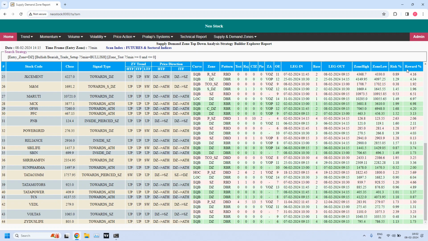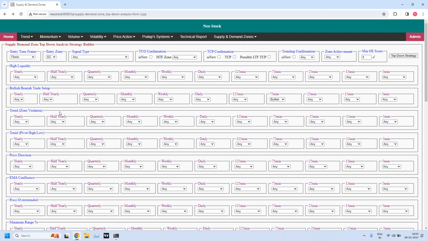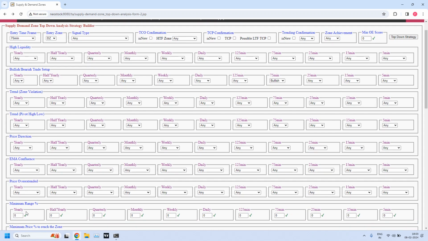Now we will filter based on the reward. Because it is a weekly income trade, we will look for a minimum 3% reward. In monthly income trade we looked for a minimum 5%. Here let us look for minimum 3%. So in range, D2D range, minimum range, that is nothing but reward.